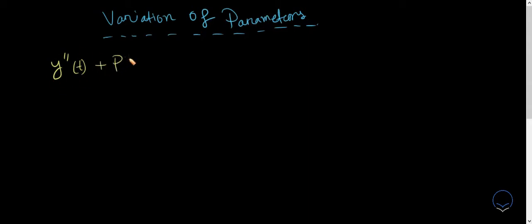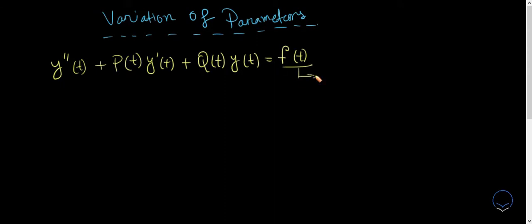Instead of taking constant coefficients, now we're going to consider a function. So this p of t can be a number as well, and that will reduce down to the constant coefficient problem that we have dealt with so far. Similarly we'll have a y prime over here, and finally we'll have some q of t, and there will be a y of t, and this will be equal to some f of t.